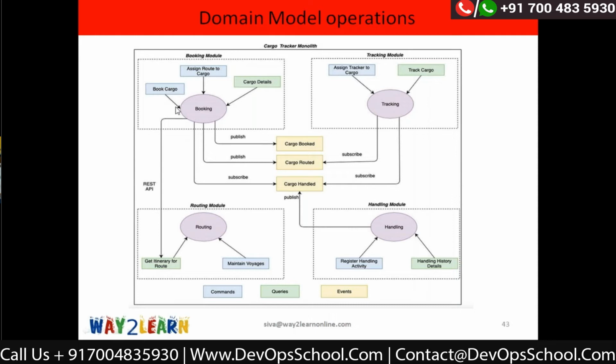Book cargo command, assign route cargo command, right? These are the commands. So I need commands to change the state of the aggregate, right? So I'll identify the commands which I can apply on the aggregate.